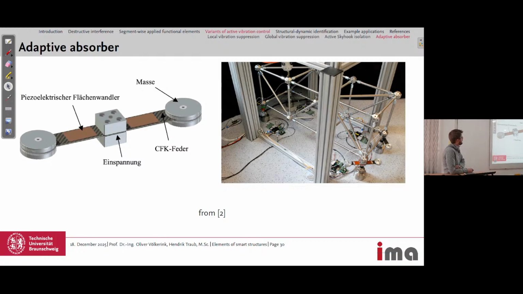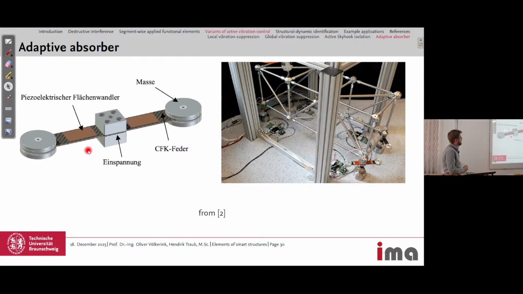And the other thing is an adaptive absorber. Looking, for example, like this, we could have this adaptive absorbers at the interface points of the structure to the ground.